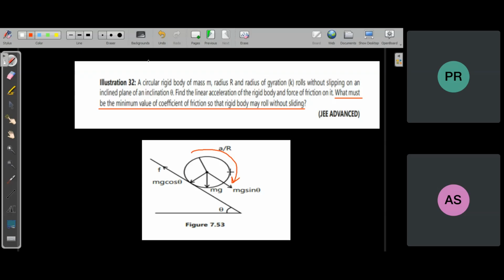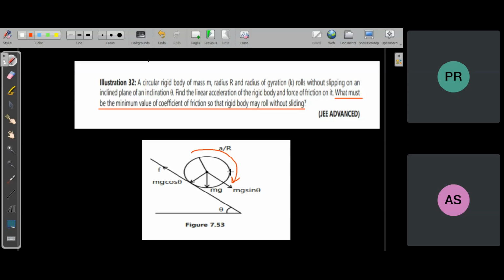First find the acceleration of the rigid body and the force of friction. The rotation torque is due to friction: F into R equals I alpha, where I equals m k square.